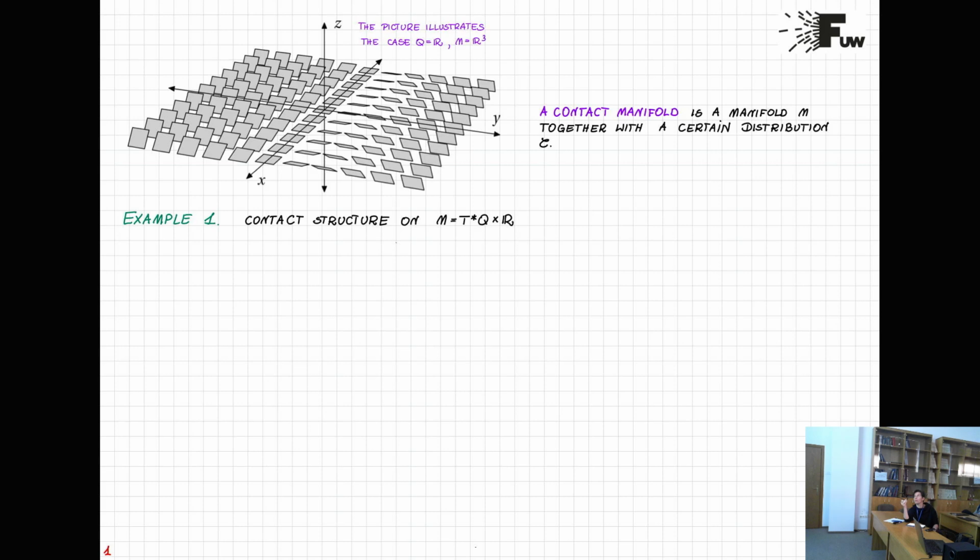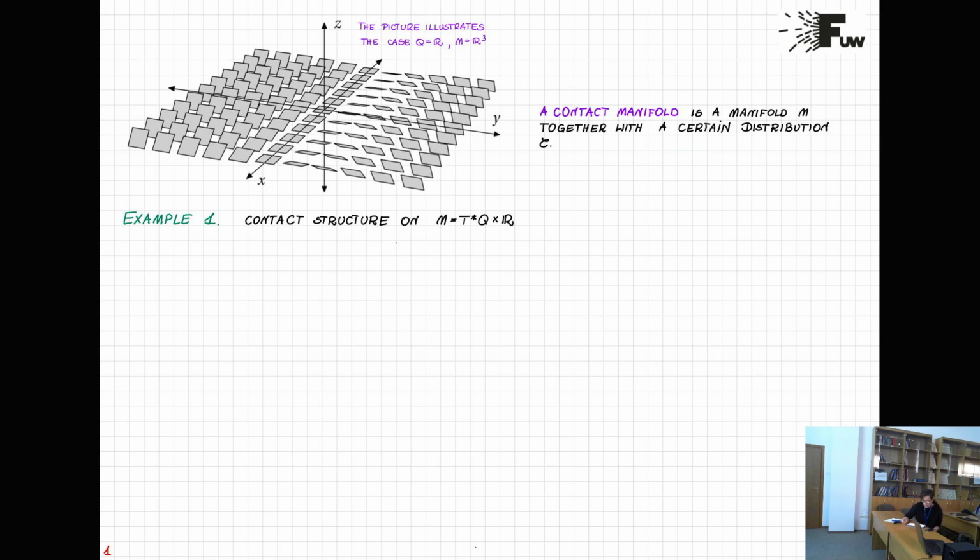This distribution will be usually denoted by C. And before I go into the formal definition, I would like to show you 3 examples, sometimes similar to each other and sometimes very different, just to give you an opportunity to later on think about concrete examples when we will be discussing more general features.